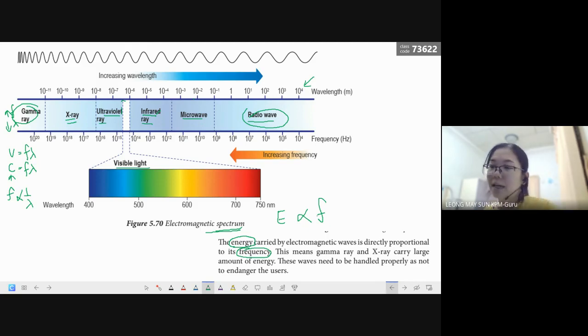Why is it directly proportional to frequency? In Form 4, you will learn it next year during quantum physics. This means that gamma ray and X-ray carry a large amount of energy, so these waves need to be handled properly so as not to endanger the users.